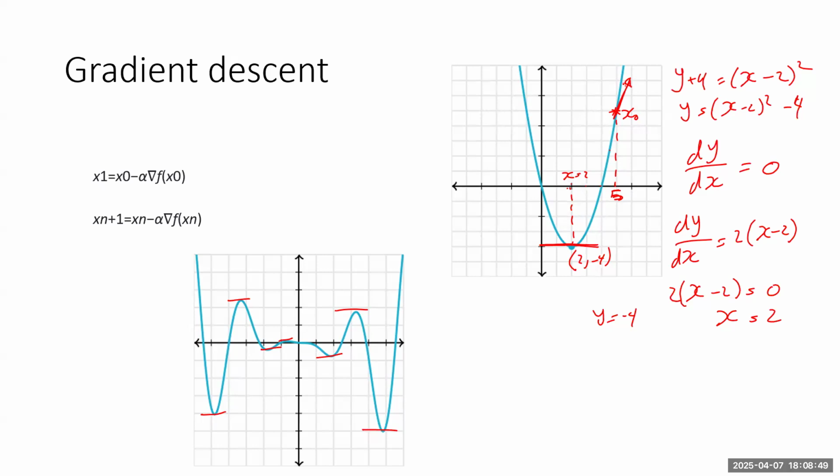How about if you start from here? The direction from here is what? So if I go this direction, I work against the derivative as well. Okay? So I will go in this direction, and I will update the value according to this equation. The new value x1 will equal x0 minus alpha times the derivative of f with respect to x at x0.